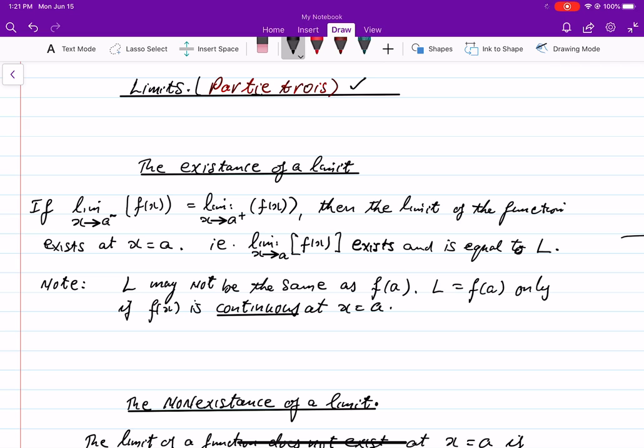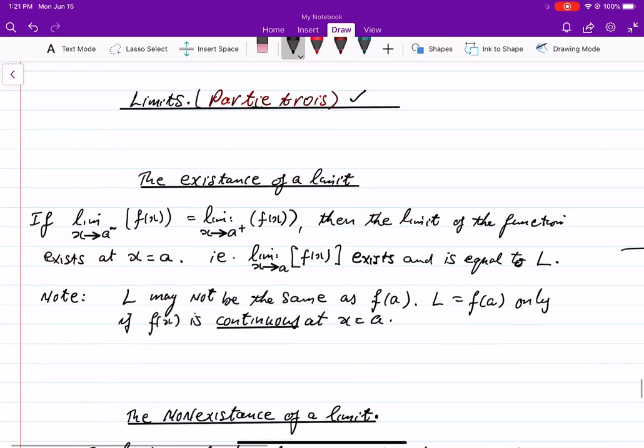As you will see as we go through some more of the examples, L may not be the same as f of a. L is equal to f of a only if f of x is continuous at x equal a. So the limit and the value of the function may or may not be the same. That's what that's saying.